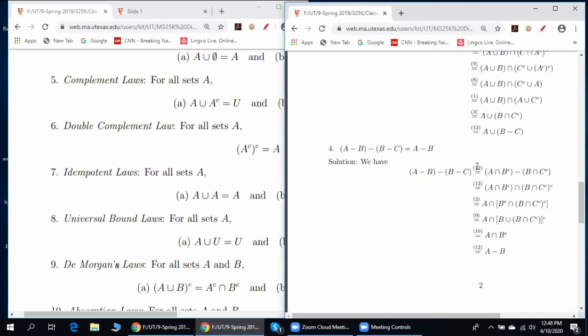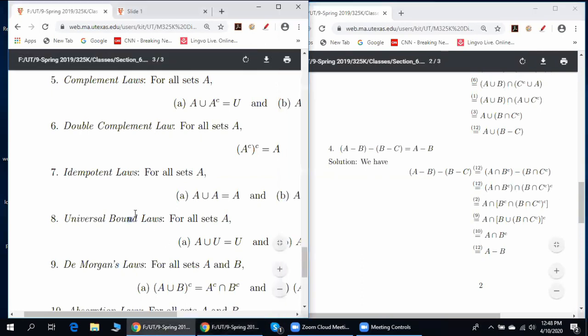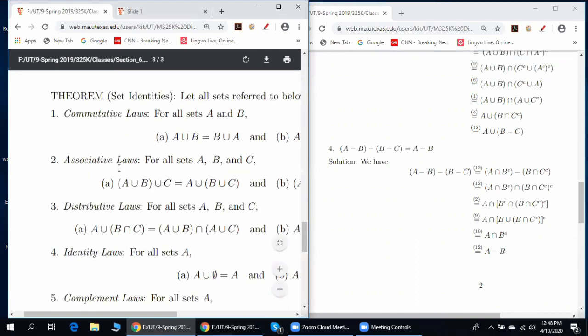So instead, we use law number 12 in order to replace A minus B by intersection and B minus C by intersection. Then we use law number 12 again to replace this difference by intersection. And of course, here we put complement. Then be careful. For the first time, we use associativity.